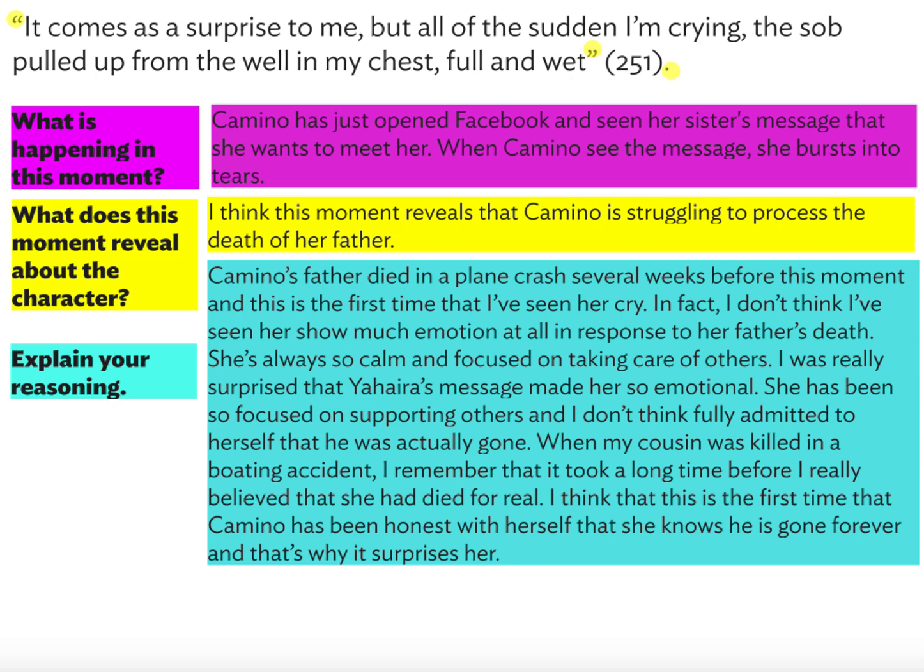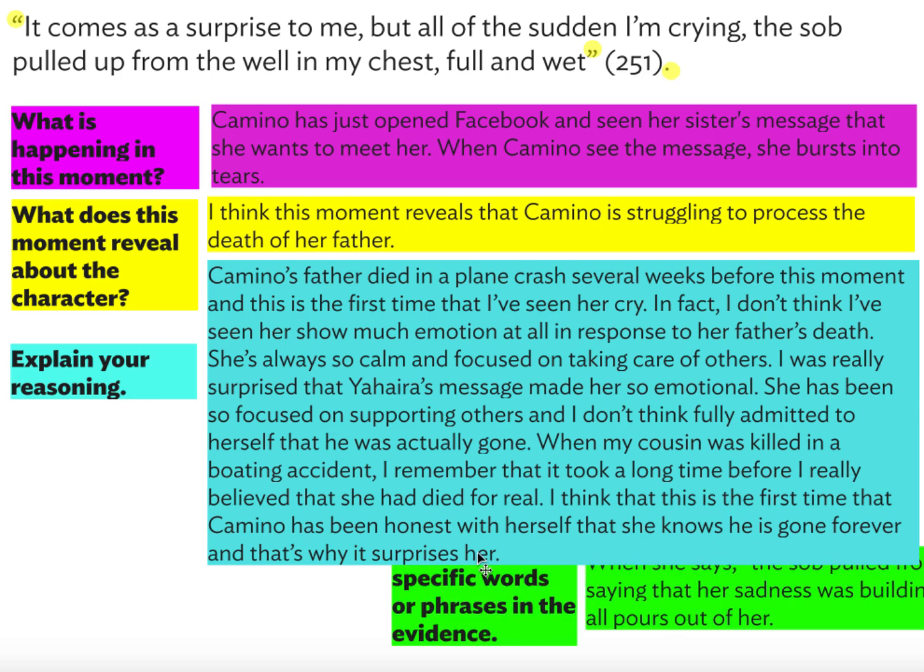She's been so focused on supporting others, and I don't think she fully admitted to herself that he was actually gone. When my cousin was killed in a boating accident, I remember that it took a long time before I really believed that she had died for real. I think that this is the first time that Camino has been honest with herself that she knows he's gone forever, and that's why it surprises her.